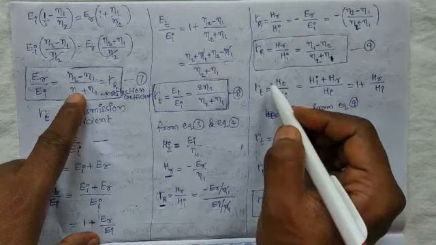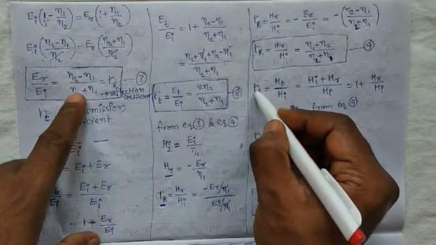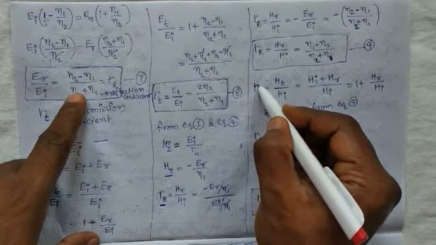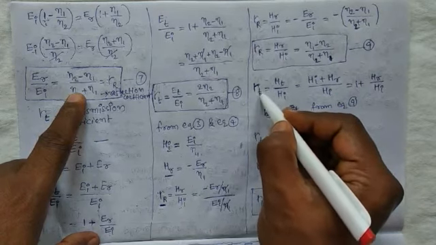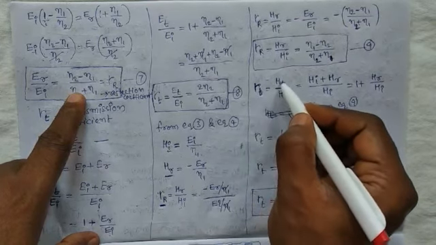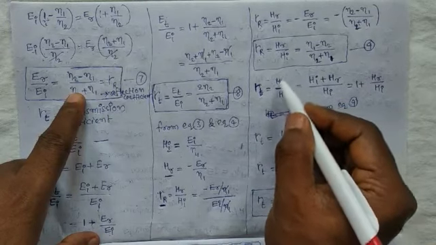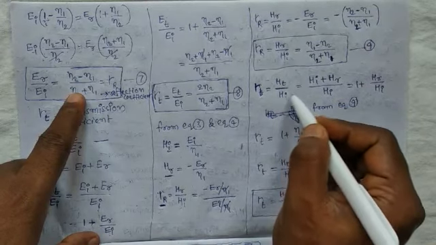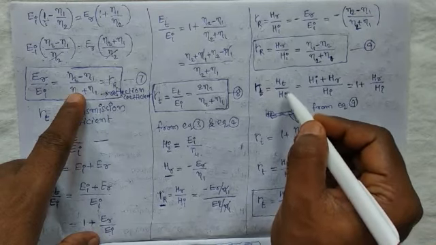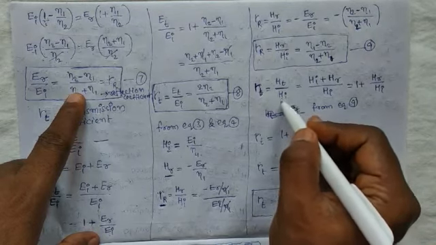Similarly, we are calculating the transmission coefficient gamma T. Simply, it is the ratio of the transmitted magnetic wave to the incident magnetic wave.